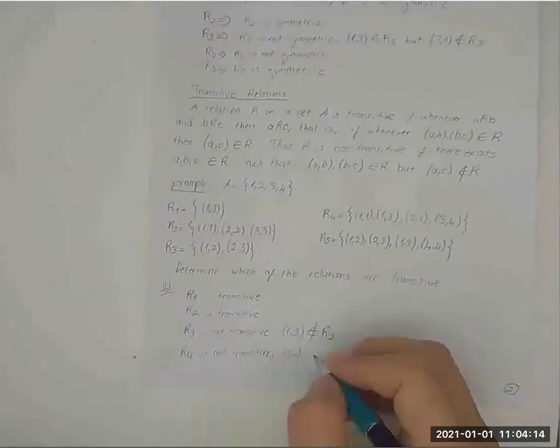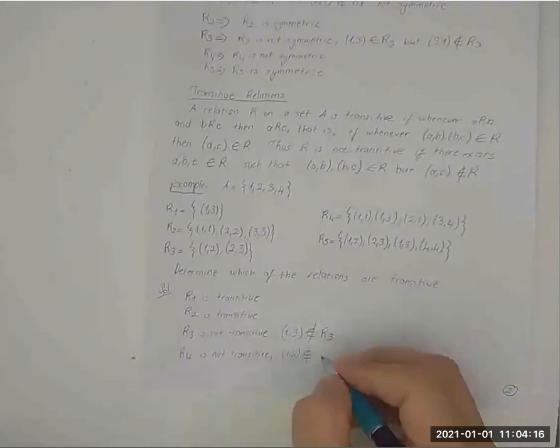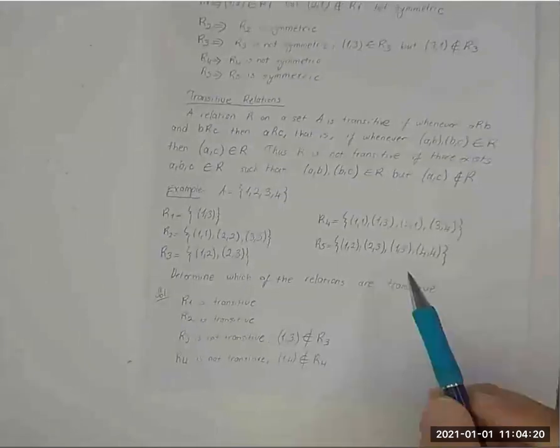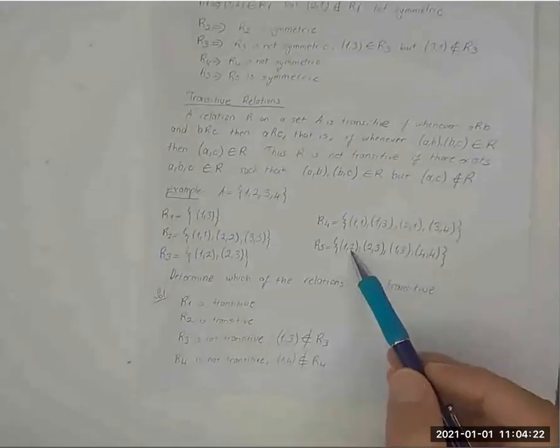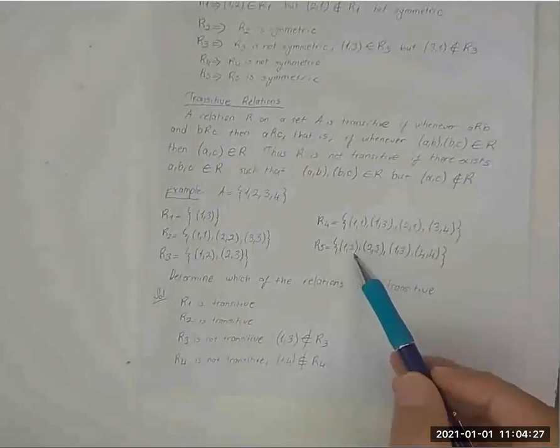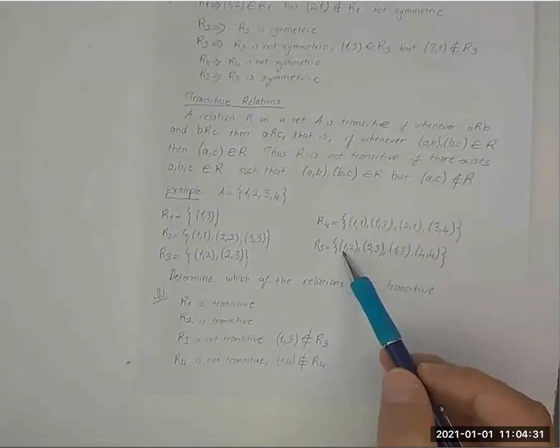I have to have here (1,4). So this is not transitive, because we don't have (1,4).